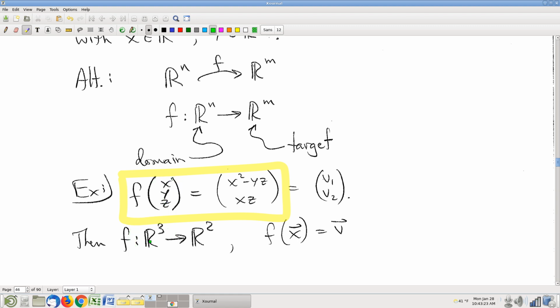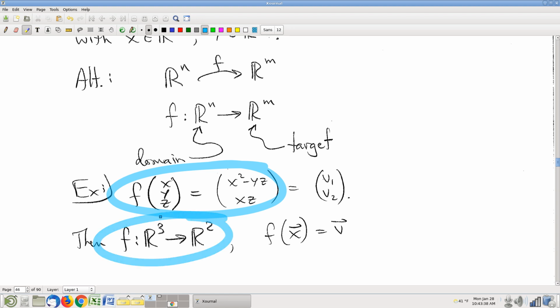And then what comes out? Well, a couple of numbers, two numbers in that order. You can think of that as a vector in R2. So we can refer to this function as a function from R3 to R2, and we'll use that terminology a lot. So be ready for that.